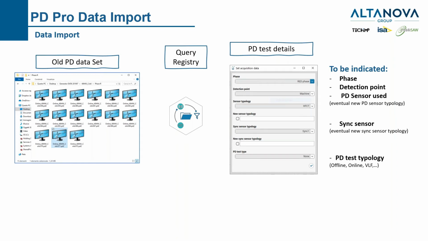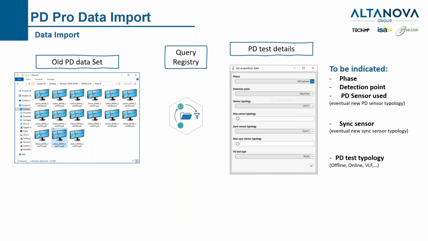When we import the data, we will also be asked which phase the data is related to, what was the detection point, which sensor we have used, what was the synchronization sensor source, and what was the PD test typology. This is useful because such information was not part of the PD data previously.